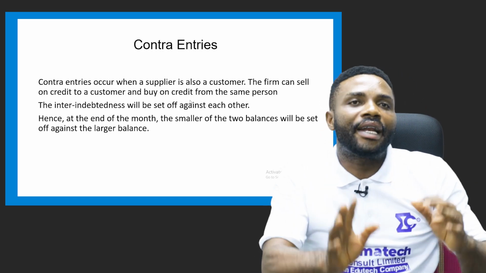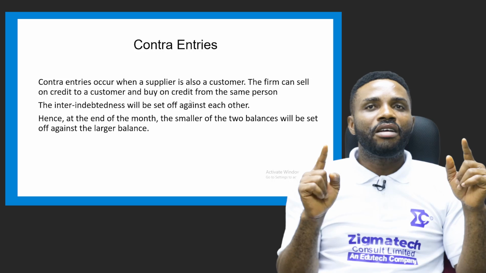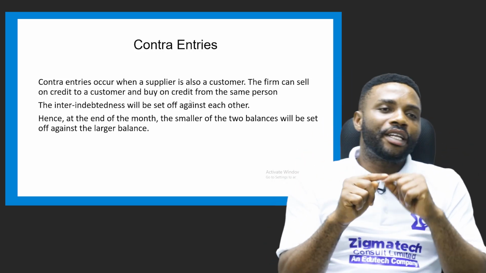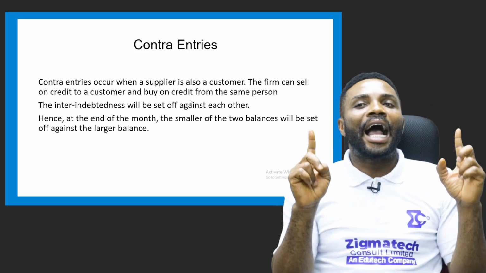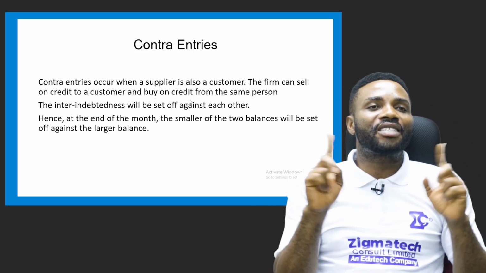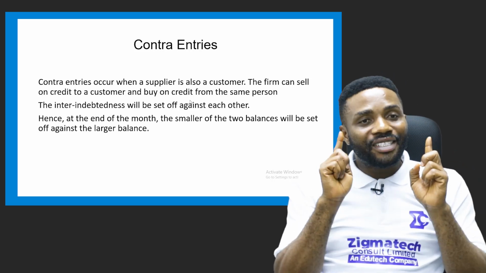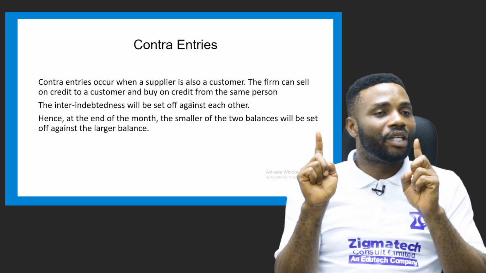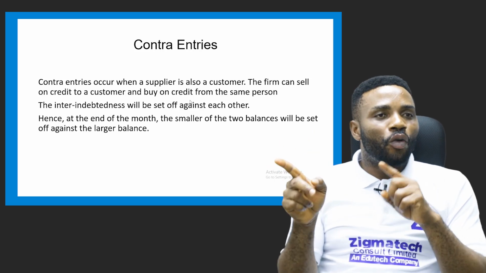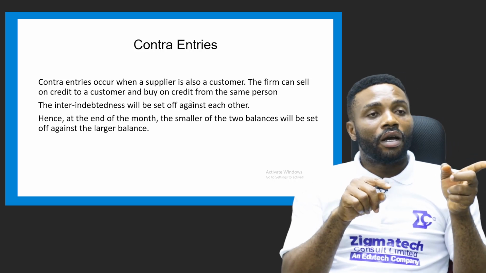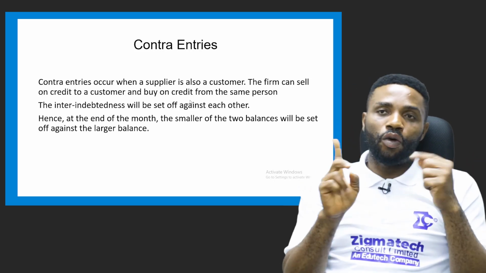So by the time you look at the account, you either see some text, we call it set off, or some we call it contra entry, and they are basically on the opposite side of the account. On the debtor's control account, your set off is always on the credit side, because it will always reduce what your debtors are owing you.